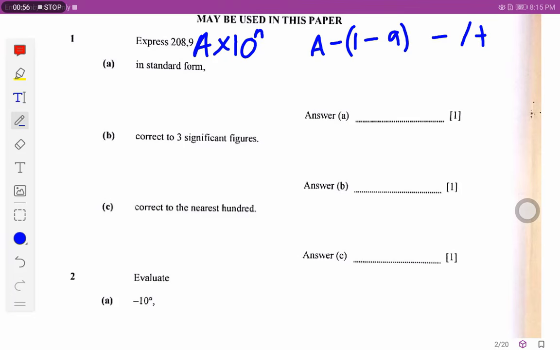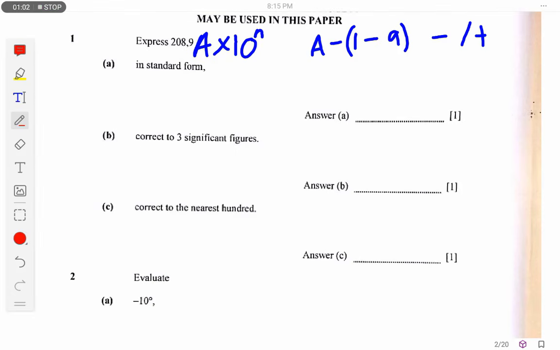Looking at our question, 208.9, because I want to have a number which is 1 to 9, I'll have to shift this comma. I'll move it 2 times.